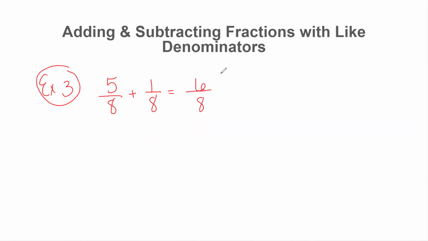So your answer is 6/8, which is correct, but oftentimes in math, when we're working with fractions, we want them in lowest terms, or the simplest, or the reduced. All of those mean the same. So while 6/8 is correct, we should, in most cases, go ahead and reduce it.